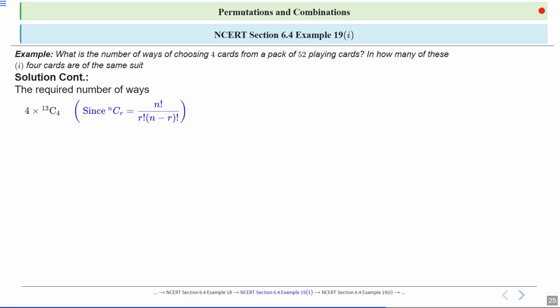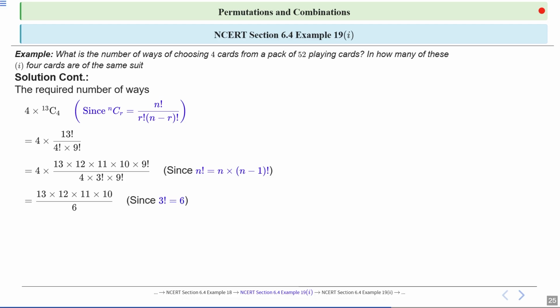Now using the formula nCr equal to n factorial upon r factorial times (n minus r) factorial, this is equal to 4 times 13 factorial upon 4 factorial into 9 factorial. Since n factorial is equal to n times (n minus 1) factorial, this is 4 times 13 into 12 into 11 into 10 into 9 factorial upon 4 into 3 factorial into 9 factorial.